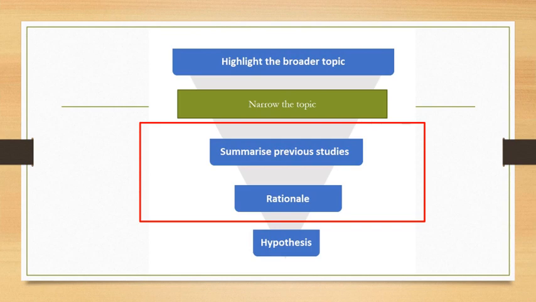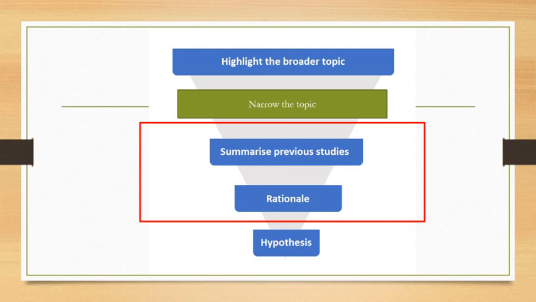And then you can take it further than that. Say, well, if someone needs to understand how COPD influences these exercise variables, then they're also going to need to know what COPD is. So maybe the paragraph above that, highlighting the broader topic, would be an explanation about what COPD is. And you might even have one between highlighting the broader topic and narrowing the topic, which is an explanation about what aerobic capacity is and how it changes, because that might then naturally lead on to combining those two things together.